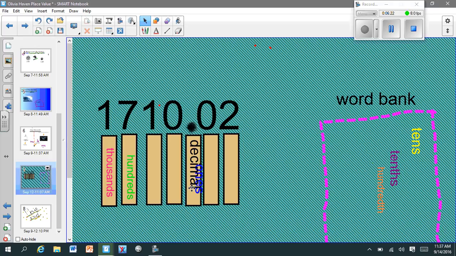If you put ones here, you are correct. If you put tens here, you're correct. If you put hundreds here, you're correct. And if you put tens here, you are correct.